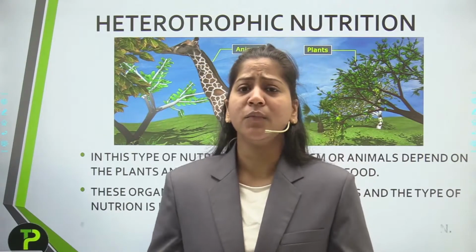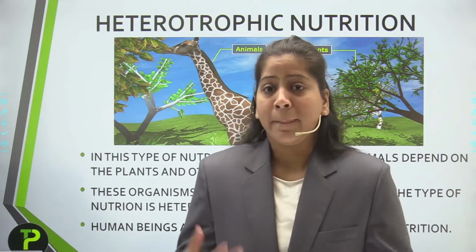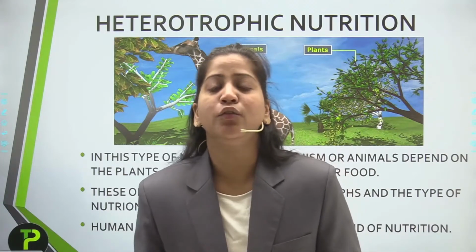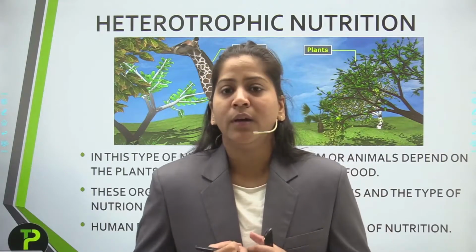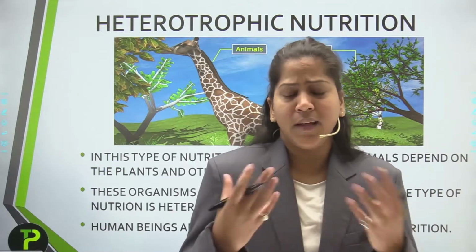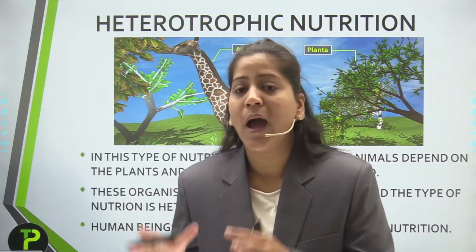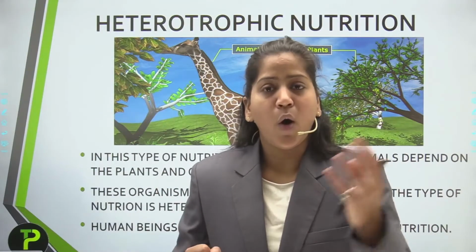Now, what are the example of this type of nutrition? Human beings. We are the best example of heterotrophic nutrition. How? Because we cannot make our own food. If I say we can make our food, then think, I can make my food in the kitchen only, and the food I am making ultimately comes from plant or animals.